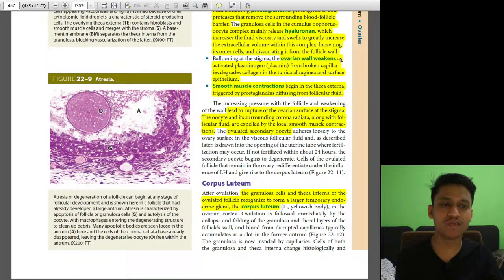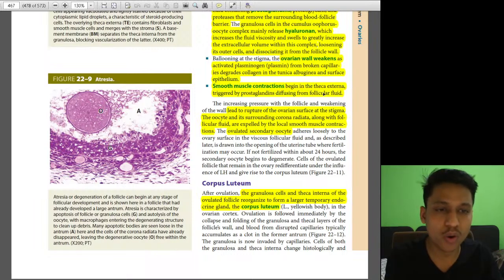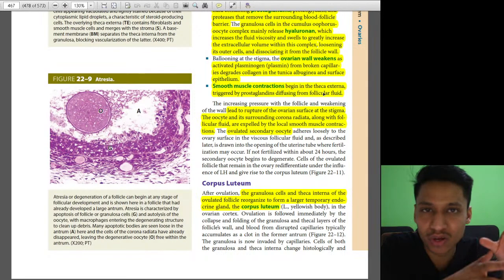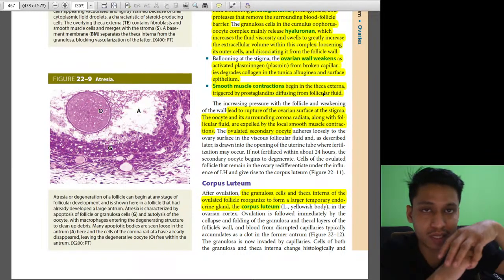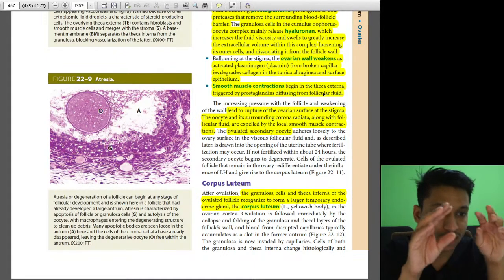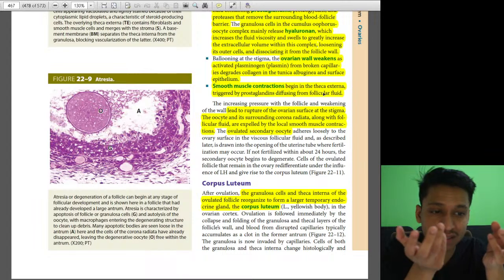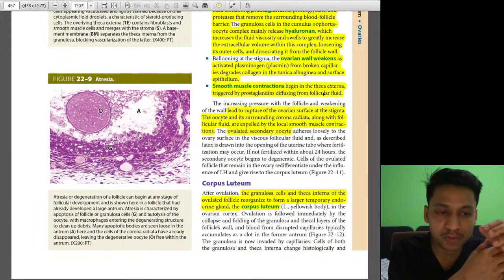Okay, the ovarian wall weakens as activated plasminogen, plasmin, from the broken capillaries degrades collagen in the tunica albuginea and surface epithelium. And fourth, smooth muscle contraction begins in the theca externa, triggered by prostaglandins diffusing from the follicular fluid. So all these things, the hyaluronan and the antrum and this ballooning of the stigma pushed around the tunica albuginea, the ovarian wall weakens for the oocyte to move out and protrude.